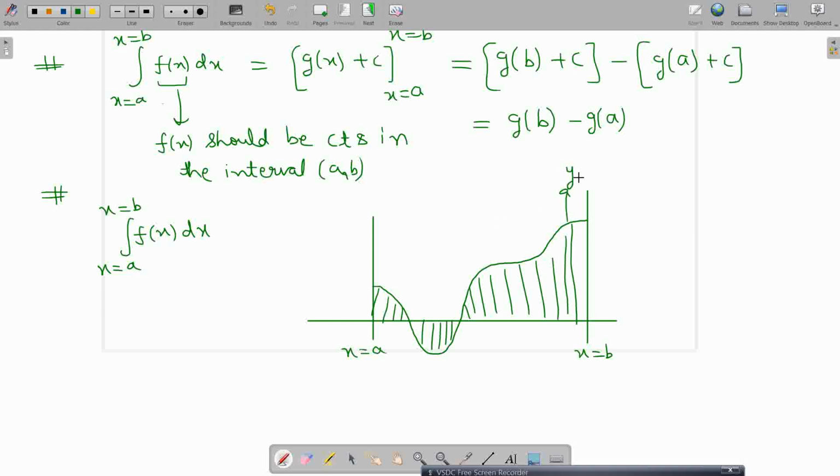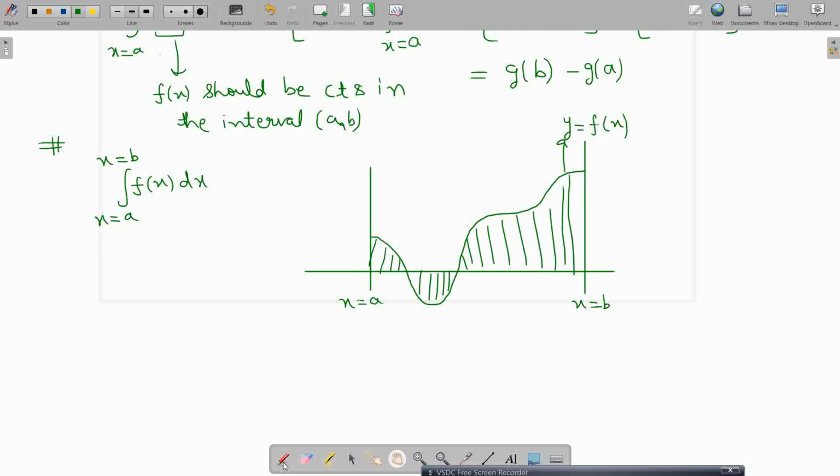This curve is y equals f of x. So basically integration represents the algebraic sum of area bounded by y equals f of x, x equals a, x equals b, and the x-axis. Okay, let me make it clear to you.